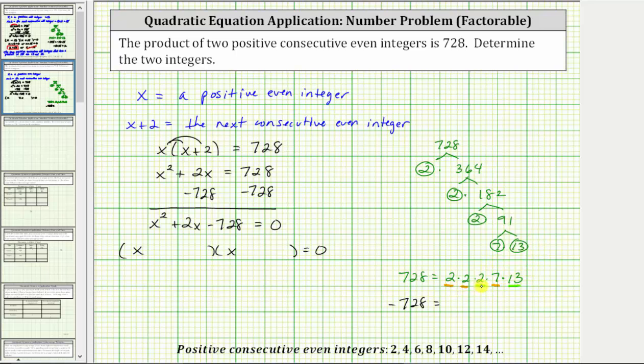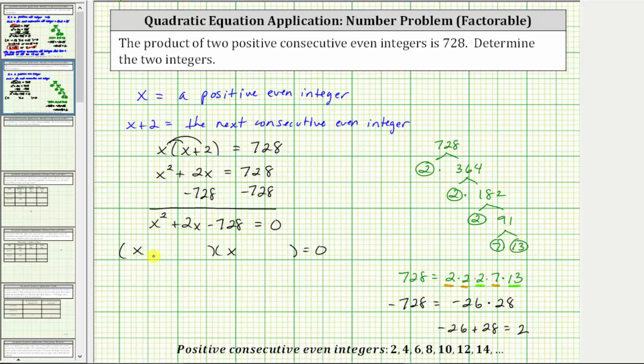Now that we know that 26 times 28 is equal to positive 728, we can now determine the factors of negative 728 that add to positive 2. Negative 26 times positive 28 is equal to negative 728, and negative 26 plus positive 28 is equal to positive 2.